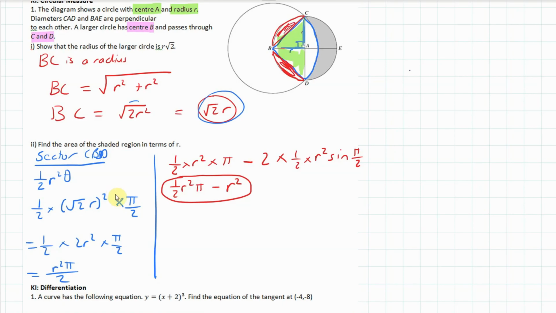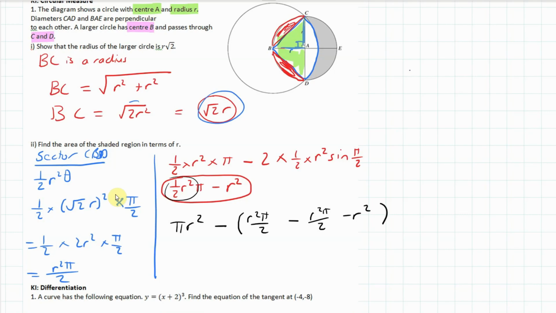So my final answer is going to be the whole circle, which is pi r squared, take away those 2 bits that I've just found, r squared pi over 2, minus r squared pi over 2 minus r squared. Sorry, I could rewrite this, couldn't I? It's r squared pi over 2 as well.